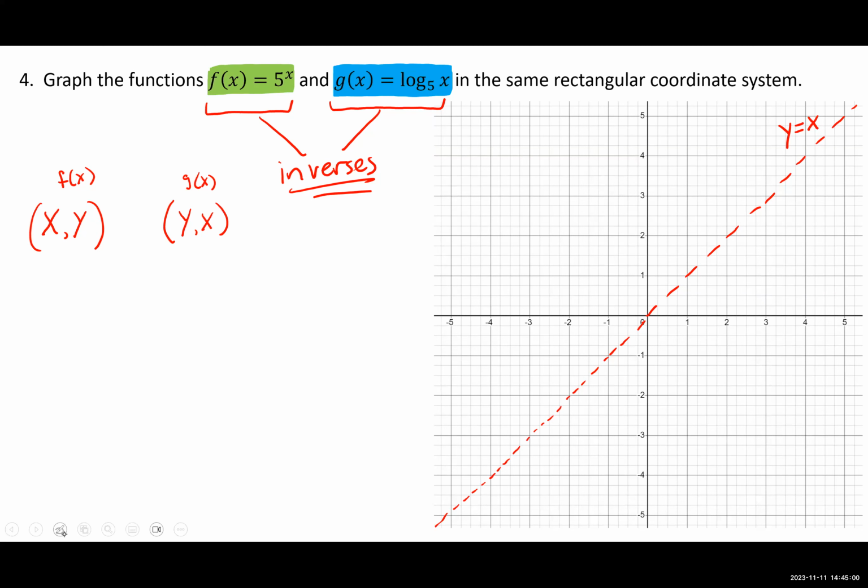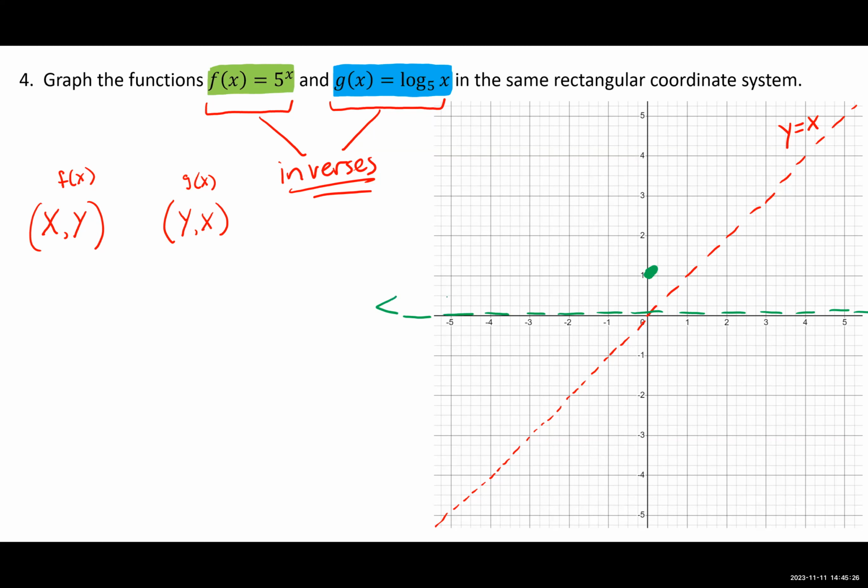Okay, so let's graph the first one. F of x equals 5 to the x. That guy is going to have a horizontal asymptote at y equals 0. I'm not going to talk too much about how to graph 5 to the x. That was my previous video, the one right before this one. So if you're a little unsure about graphing exponential functions, maybe pause and go back to the video right before this one.